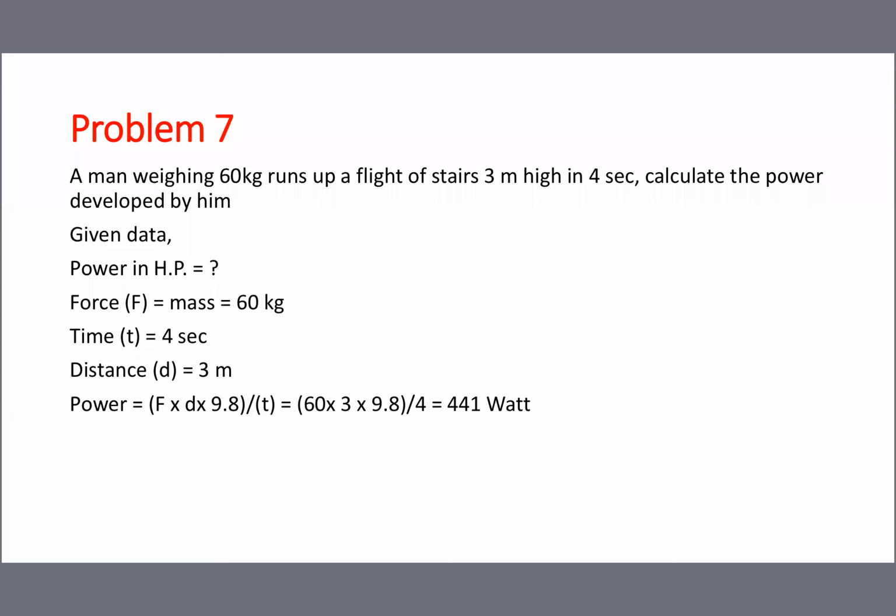Time T is equal to 4 seconds. Distance D is equal to 3 meters. Substitute in the formula. Force value is 60, multiplied by distance 3, multiplied by 9.8, the whole divided by 4, you will get 441 watts power developed by the man.